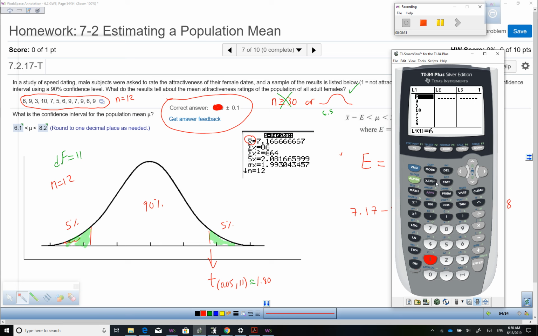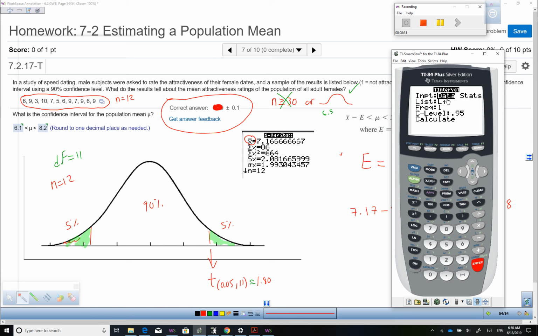Okay, when you do that, after typing that, you go to stat, you move to the right to test, and then go all the way down until you find that option that says the interval. You press enter.